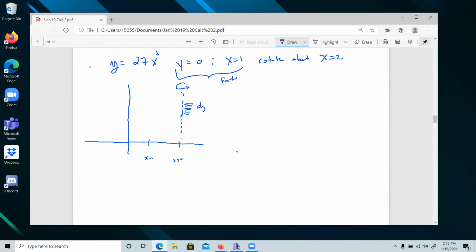They're going to look like dy's. So y equals 27x cubed. Let's go ahead and draw that in there. We won't keep it, but we're going to draw this in here as it is. When x equals 1, y is 27. We'll pretend this is the scale.